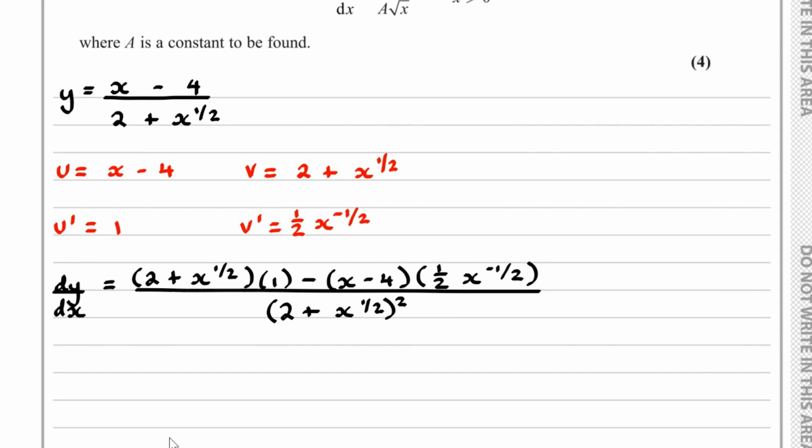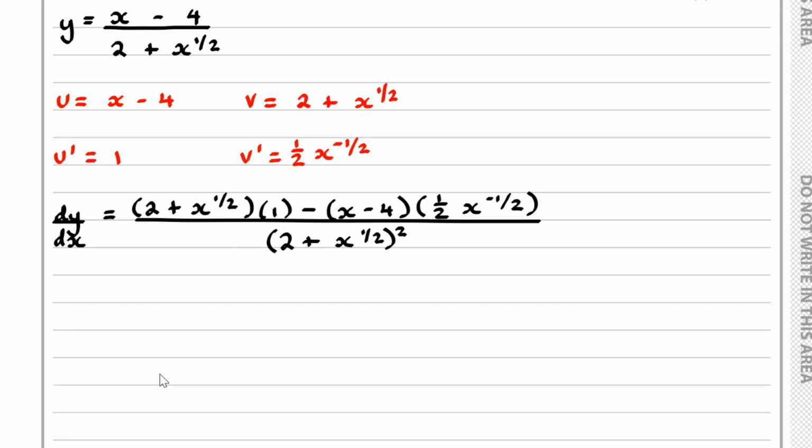So if we tidy this up as much as we can, we've got 2 plus square root x minus, well, here we need to be a bit more careful. We've got x times 1/2, and then we're going to multiply the x by the x to the minus 1/2, so add the powers.